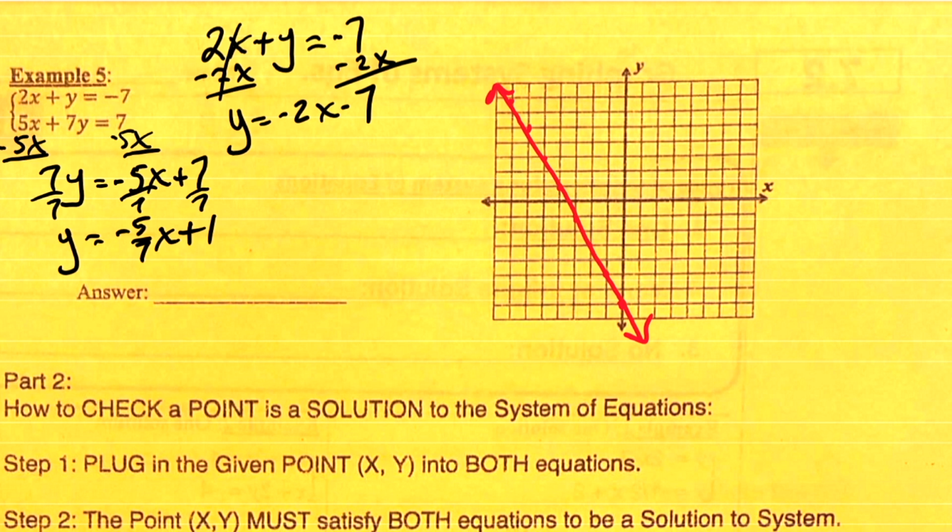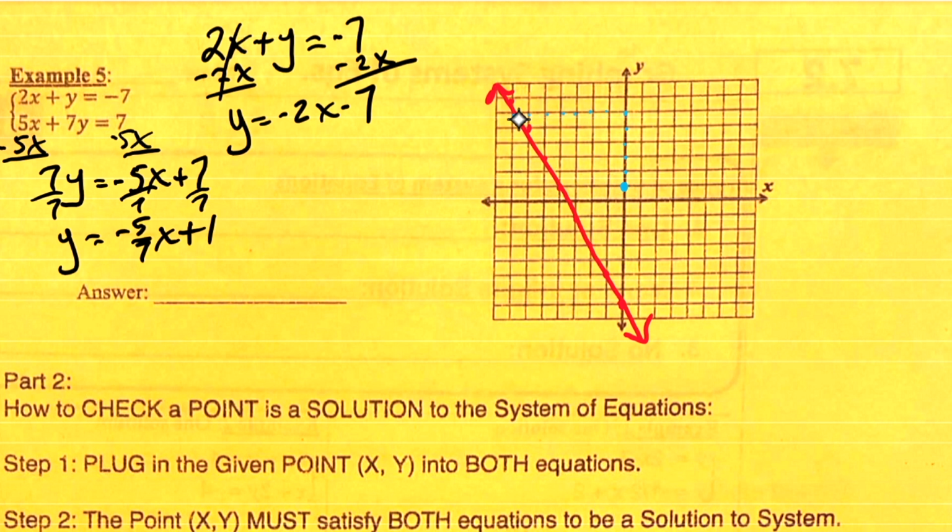We'll do this one in blue. Start at positive 1, and our slope is negative, so it falls from left to right, or rises up and goes left 5 to 7. So let's go up 1, 2, 3, 4, 5, and over 1, 2, 3, 4, 5, 6, 7.